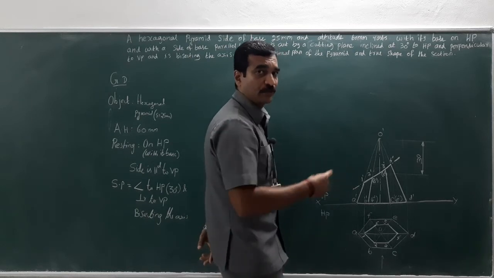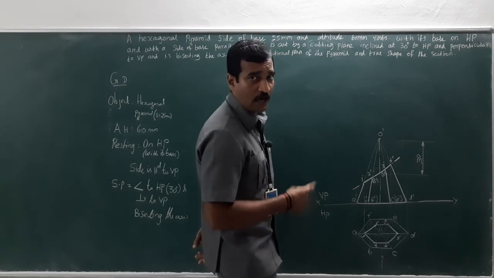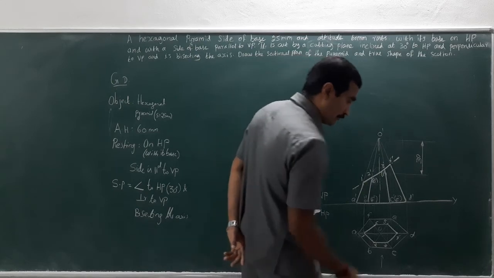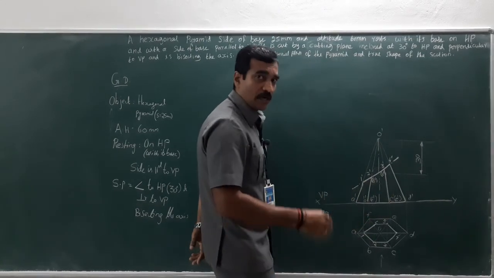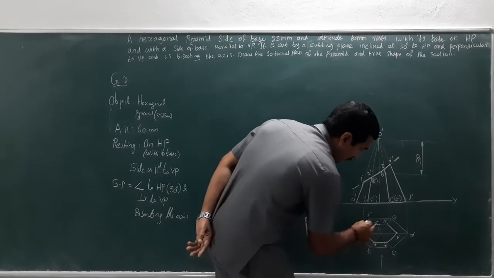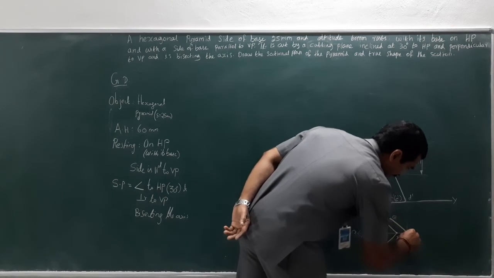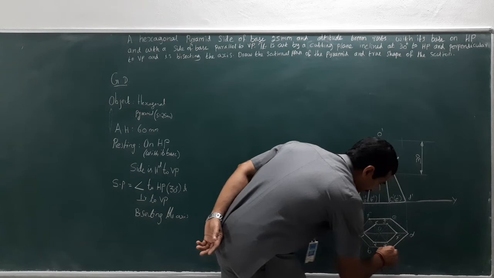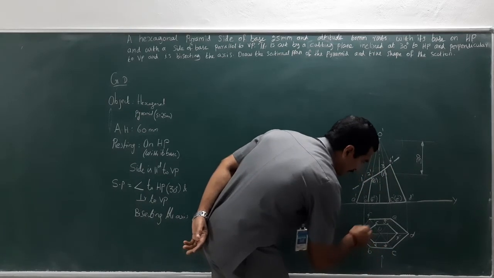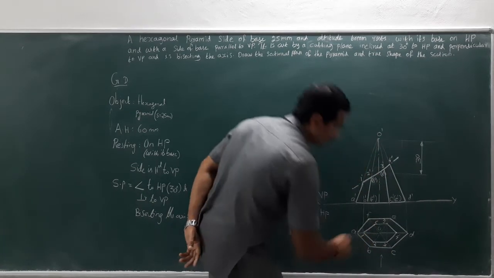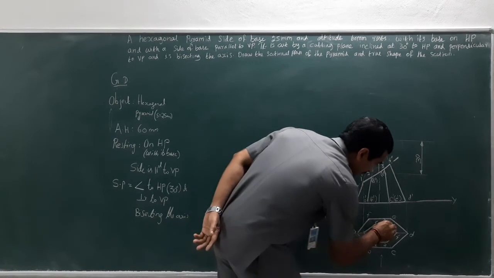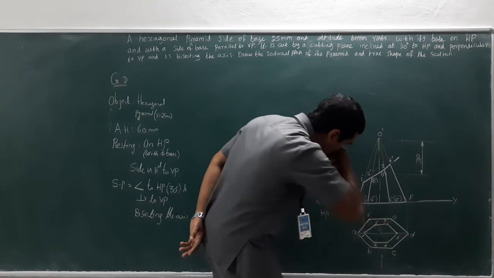You need to specify with section line or hatching lines, right? Before that, I need to draw the outlines first. So the periphery, that is the base of the object, is a hexagon. So hexagon is visible. So let me just draw that as dark, and this particular cut section is visible.